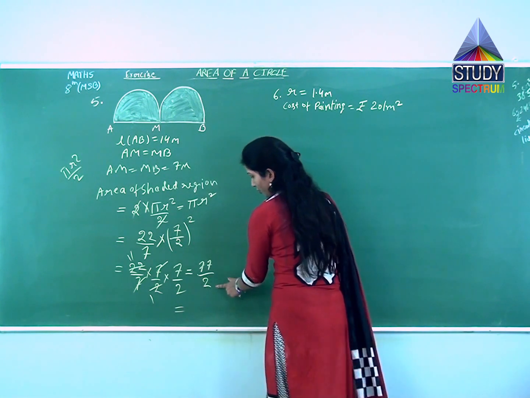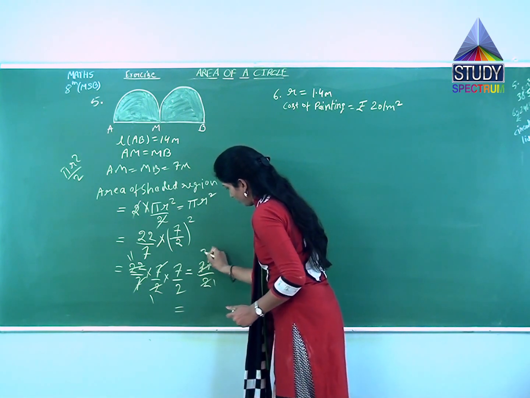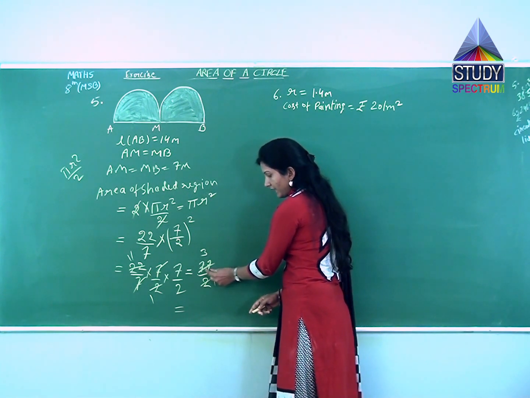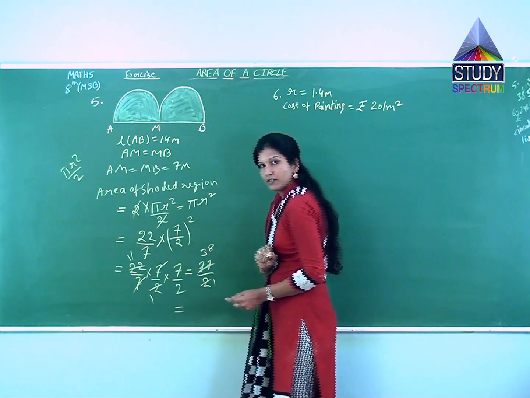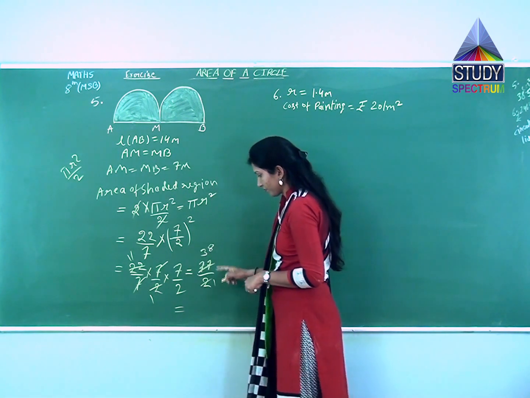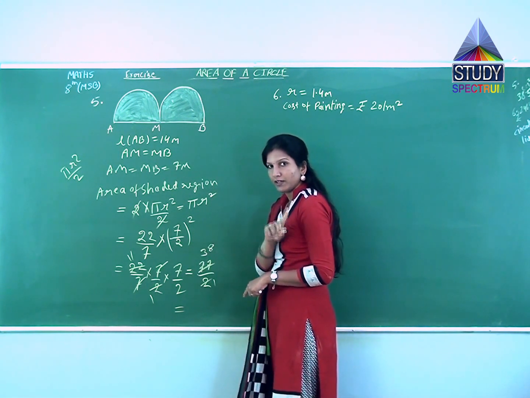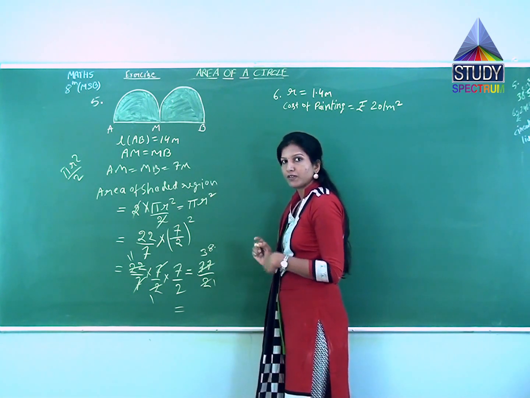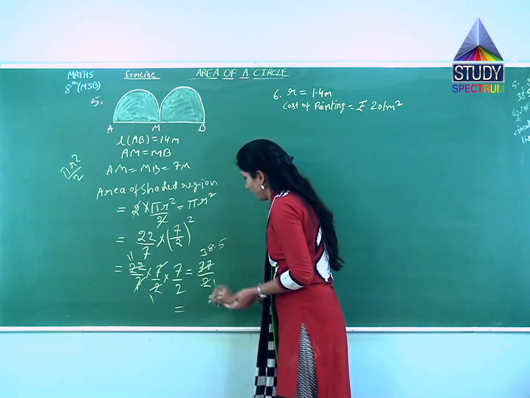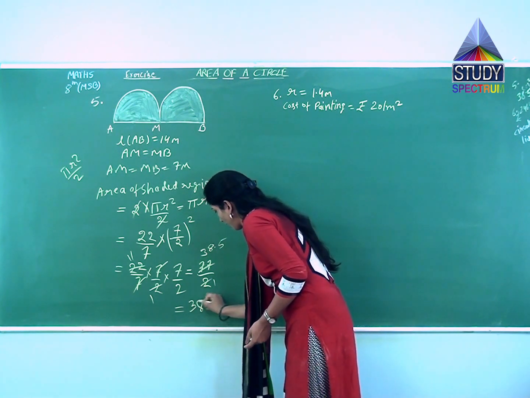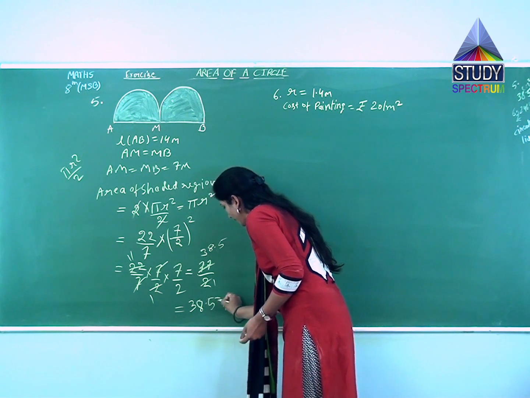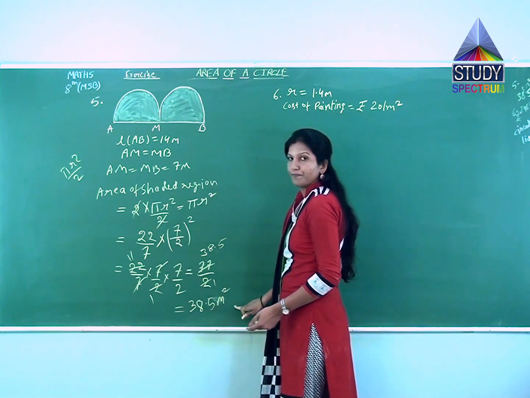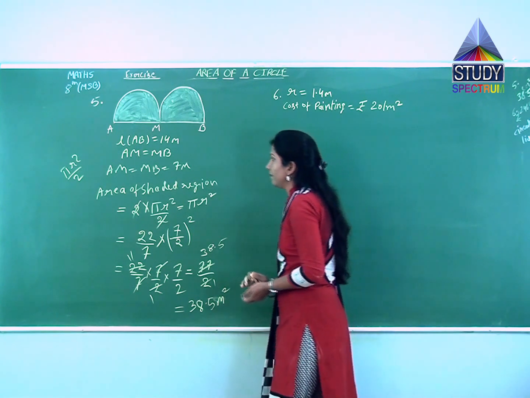Now 77 upon 2: 2 threes are 6, 1 remainder, this will become 17, 2 eights are 16, again 1 remainder, but 1 cannot be divided by 2, so a decimal will be placed here and that one becomes 10. Now 2 5s are 10. So the area of the required shaded region will be 38.45 meter square.